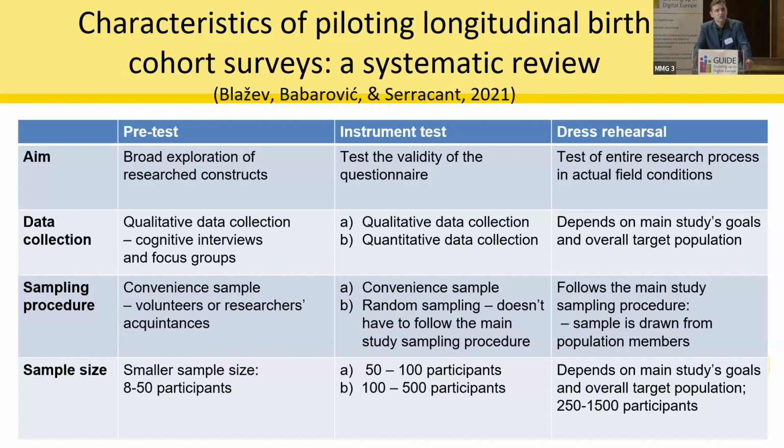And of course, there's a dress rehearsal. The dress rehearsal is something you should plan to do just before the main survey. It should copy the main survey in all elements, completely, by the sample approach and characteristics, and the methods of interviewing and questionnaire should be the same.